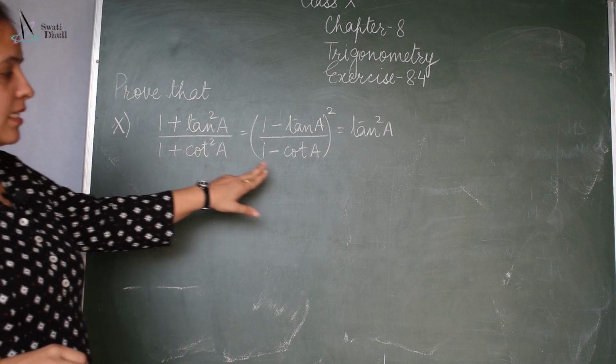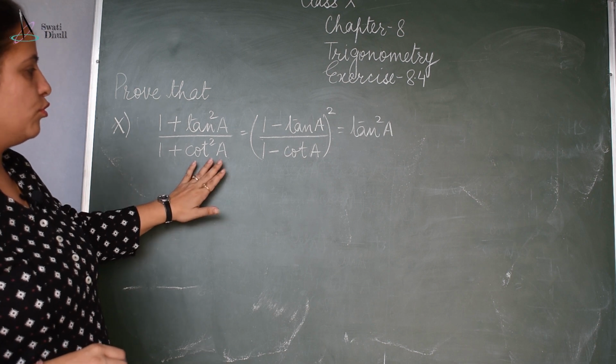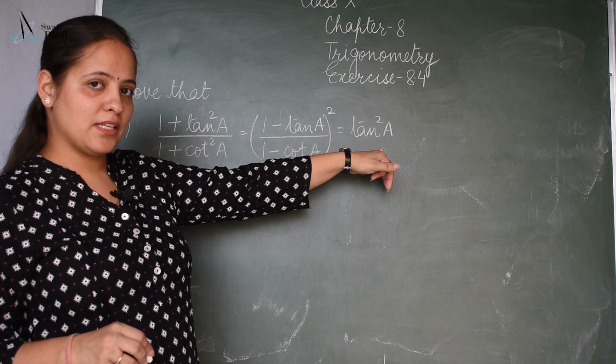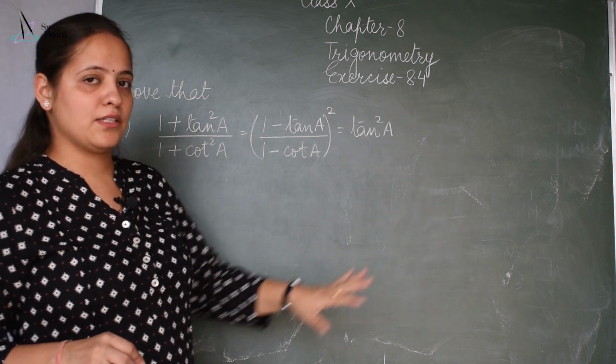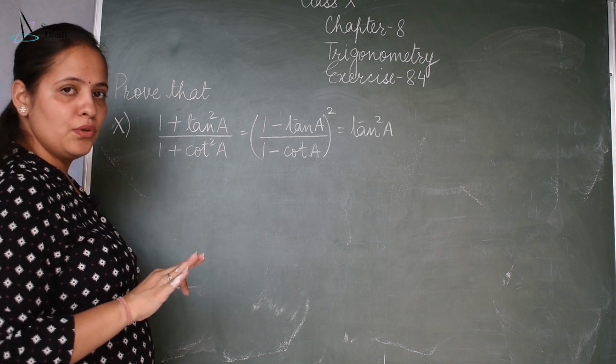Here first, second and third, 3 terms are there. So what we have to do is, we have to prove first term is equal to tan square A and second part is also equal to tan square A. So that means all the 3 terms will be equal to each other.